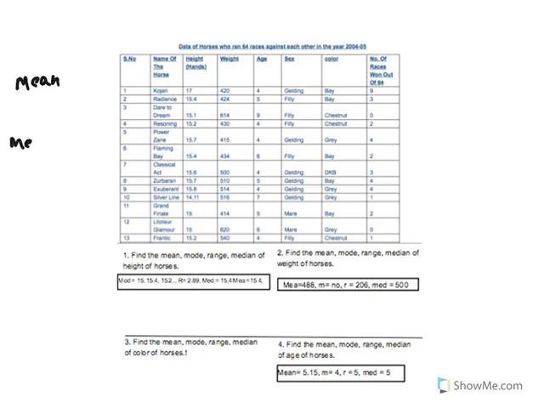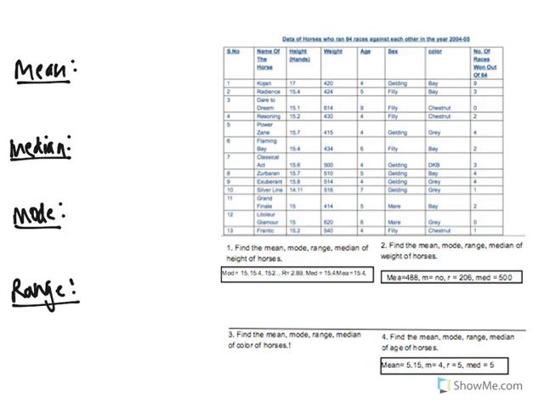median, mode, and range. So the mean, also known as the average, is when we add all of the numbers we have and then divide by how many numbers we have.